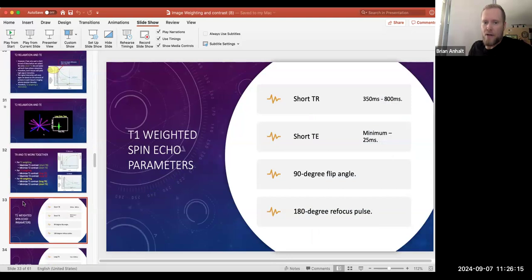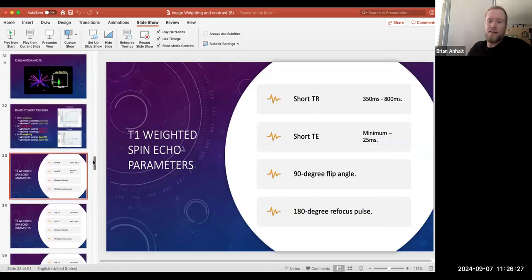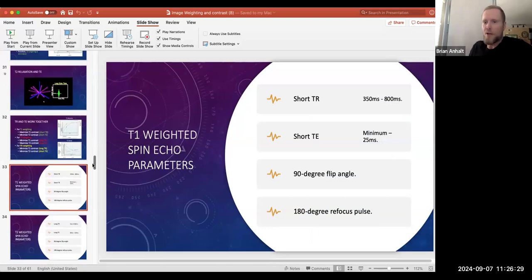You guys are going to have to know these parameters so that we can play this game here and understand what's going on. These are all just tools to understand the concepts here. Short TR, anywhere between 350 and 800 milliseconds.